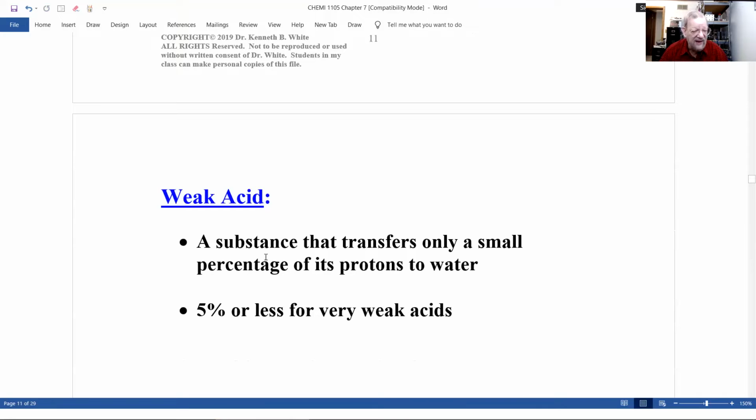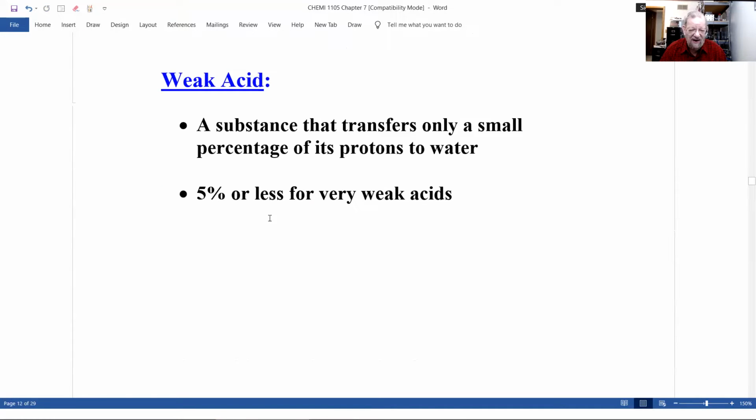All right, now weak acids don't give up their proton that much, only about 5%. And probably the most important one of them is acetic acid, which I won't ask you to learn the structure, but I'll show it to you anyways in case you're interested. Now, this is one way in organic chemistry, where acetic acid is an organic molecule, which I'll talk about later in the semester.